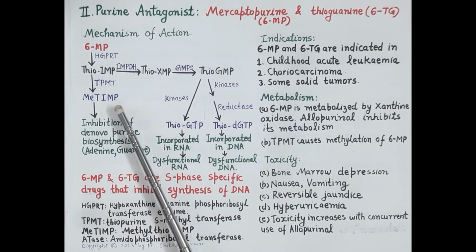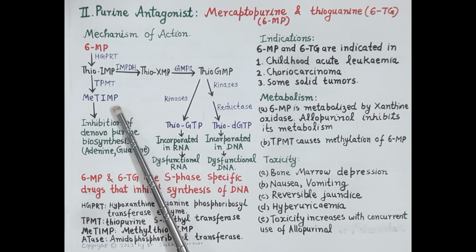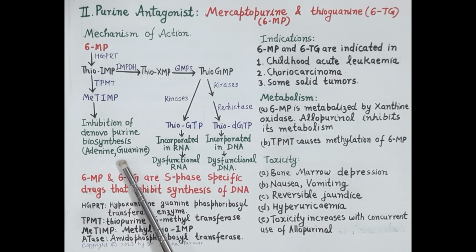Now, this methyl thio-IMP is a potent inhibitor of the enzyme amidophosphoribosyl transferase, an enzyme required for the de novo purine biosynthesis of adenine and guanine. So, therefore, it is the methyl thioinosine monophosphate that inhibits the synthesis of adenine and guanine. So, this is how the purine nucleotides are not synthesized.